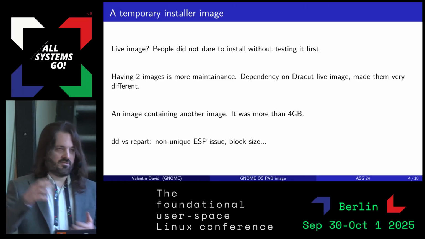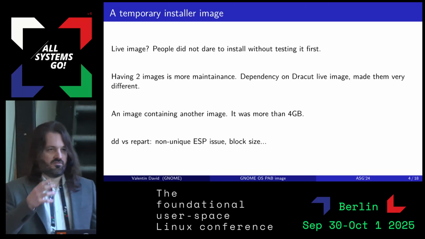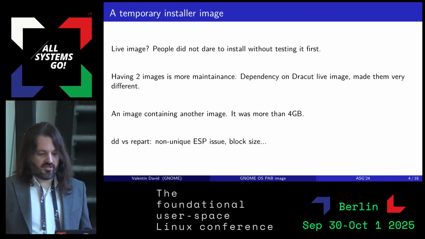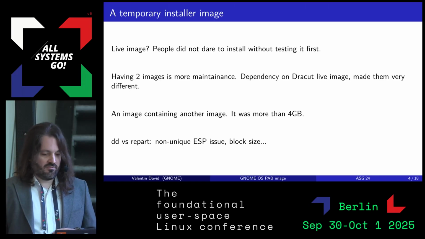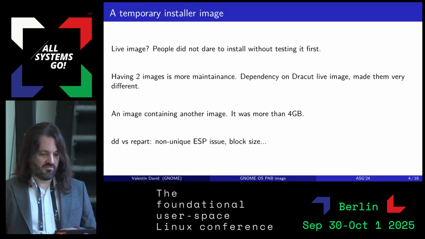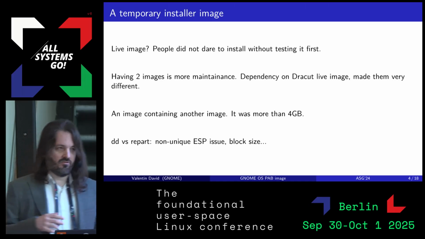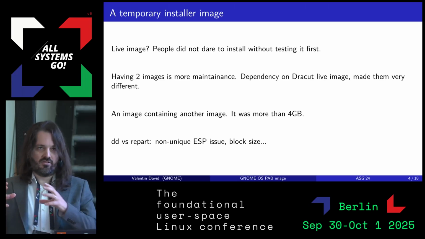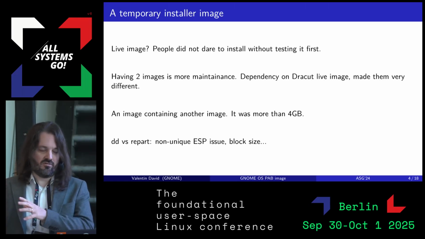First, if your disk has a different block size, the GPT table has to be different. So you can't just write the image, or it's not right to do it like that. Also, you're supposed to have an ESP with a unique UUID.